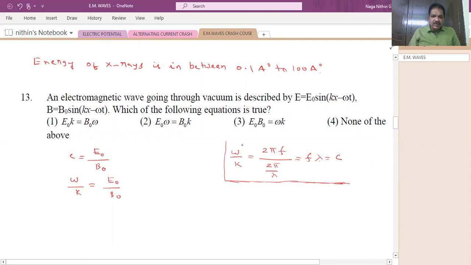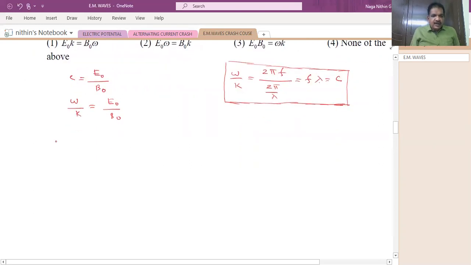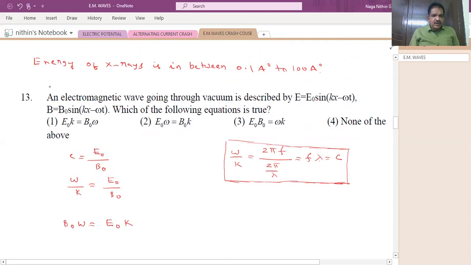So in the place of C, we can substitute omega by k. On cross multiplication, B naught omega is equal to E naught k. So this will be the option for it.